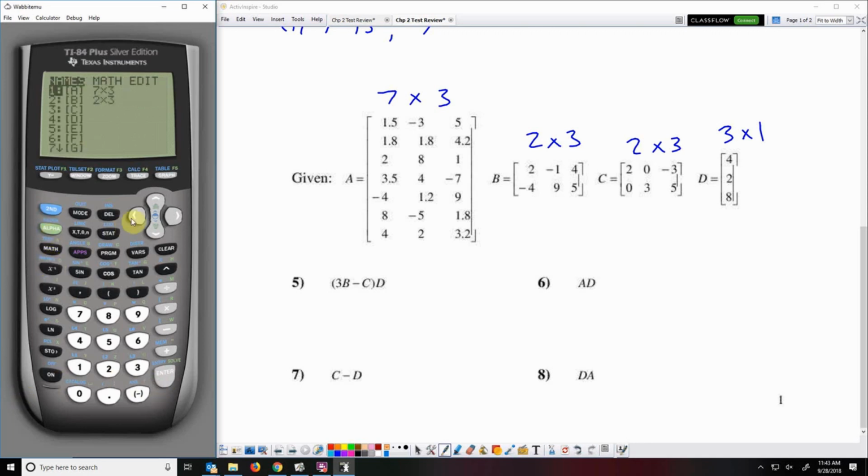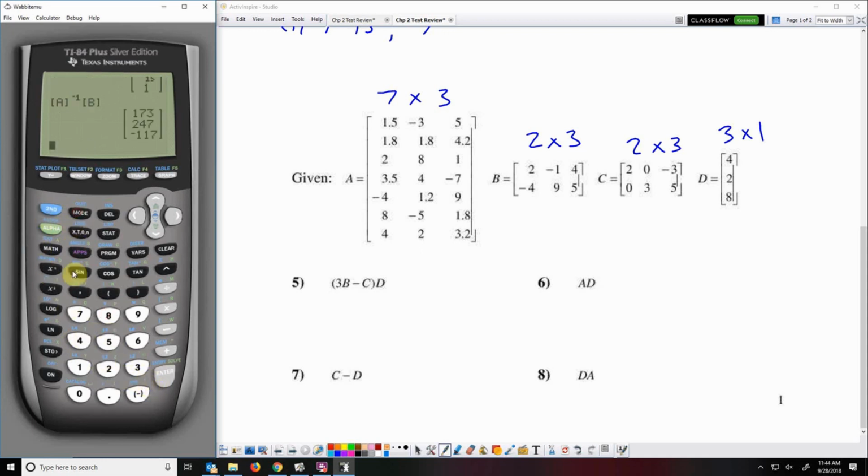Then I'll go back to matrix and edit matrix C. So option 3 to a 2 by 3. 2, 0, negative 3, and 0, 3, 5. And then we'll edit fourth matrix, matrix D, to a 3 by 1. 4, 2, 8.